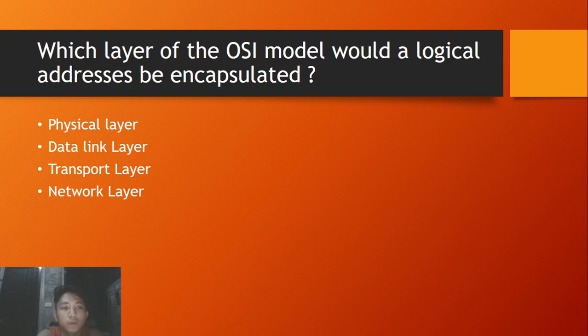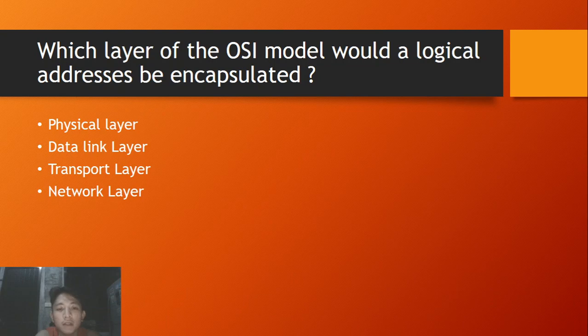Which layer of the OSI model would logical addresses be encapsulated in? The choices are physical layer, data link layer, transport layer, and network layer. The answer for this one is the network layer. Why? Logical addresses, also known as IP addresses, are encapsulated at the network layer.